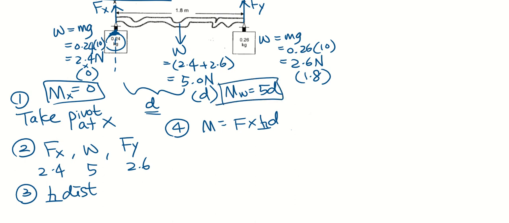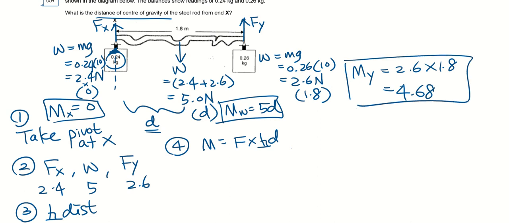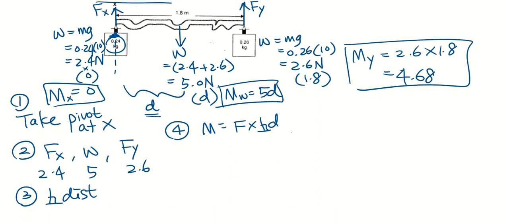Moment due to force Y, moment Y equals 2.6 times 1.8, so it equals 4.68. So that is step 4, multiplying the force and the perpendicular distance to find the moment due to each force.